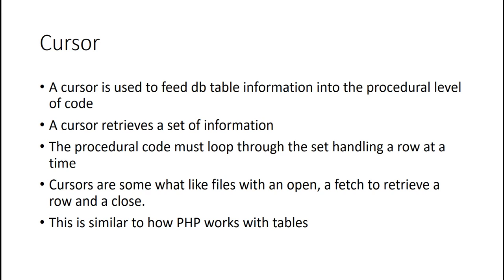You typically get a piece of the file, like a line. If we think of a text file, we open it and have a loop that reads line after line. In this, we open the cursor and call a statement called fetch, which gives us back a single row, and we call fetch over and over until eventually we run out of rows, and then we close the cursor.